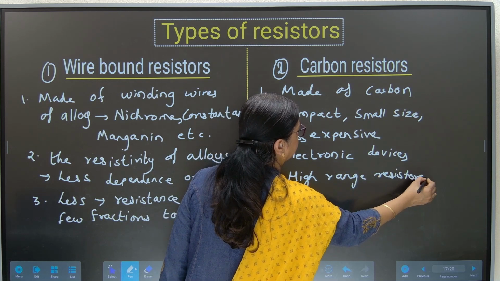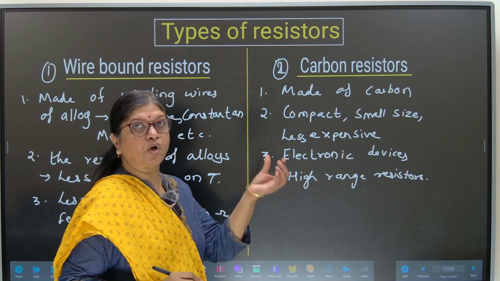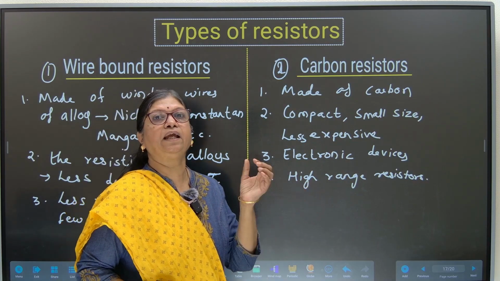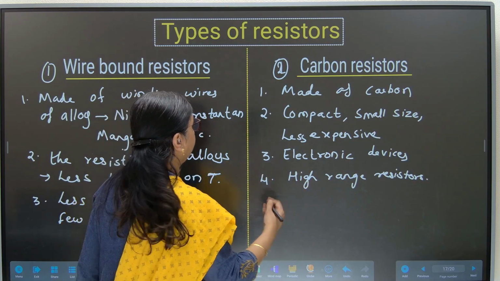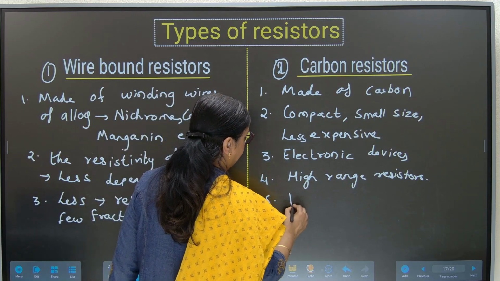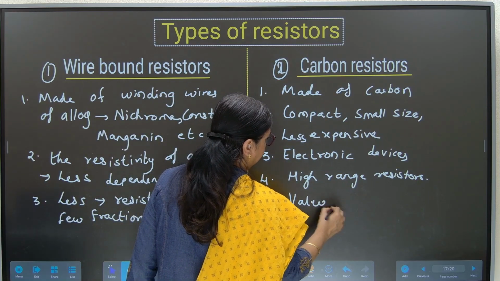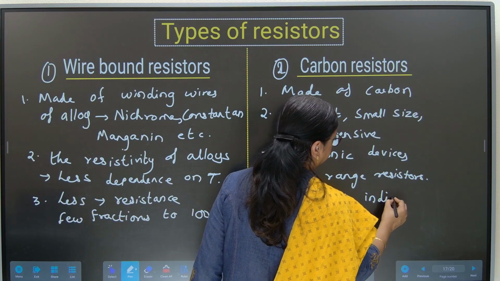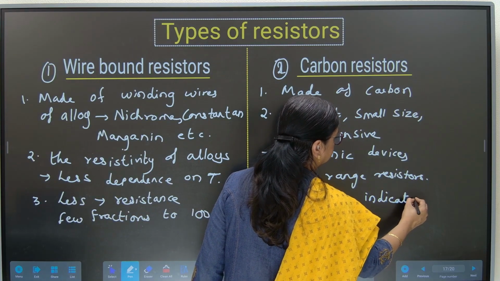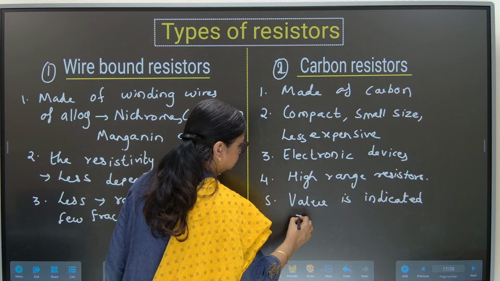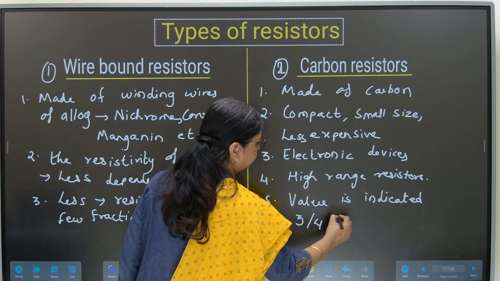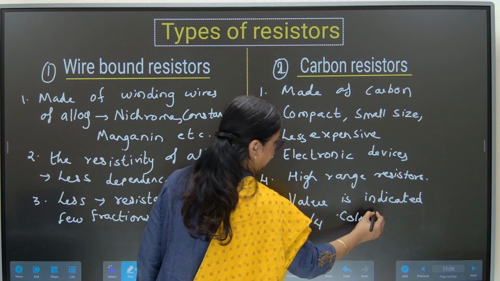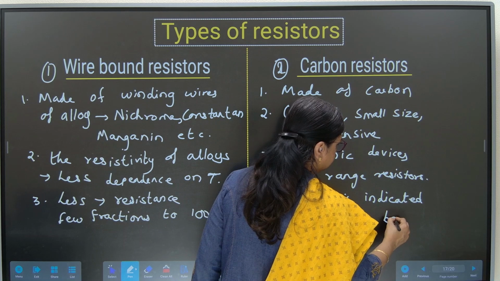Okay, so the value on these resistors is not written but is indicated by 3 or 4 color bands on it.